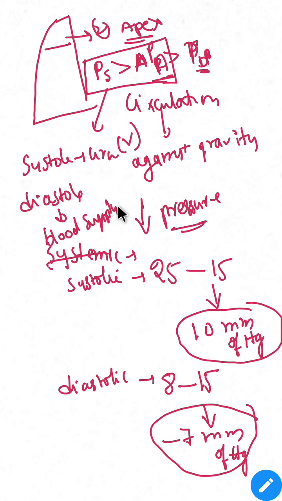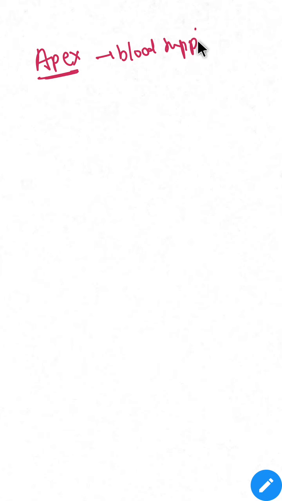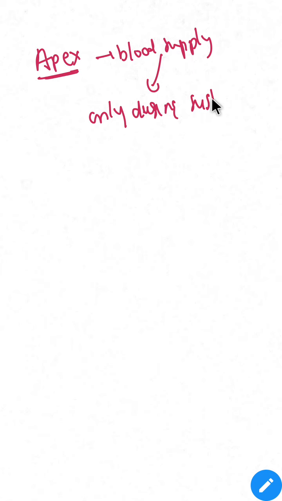So what we have to understand here is the apex receives blood supply only during systole.